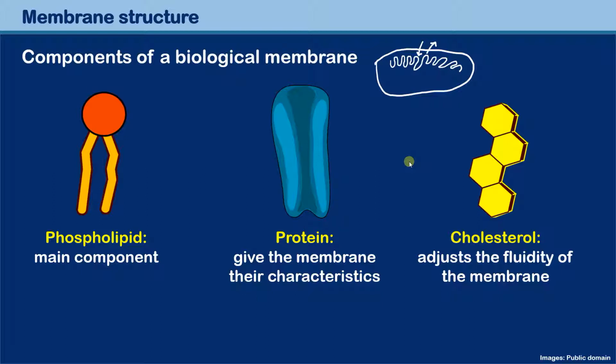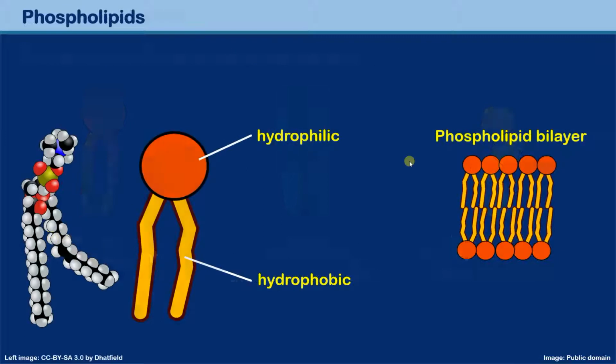So those are the components of the biological membrane. And over here we have a more detailed look at a phospholipid. You see again this schematic drawing from before, and you see that a phospholipid has a head part. We call this the hydrophilic head, and the hydrophobic tails.